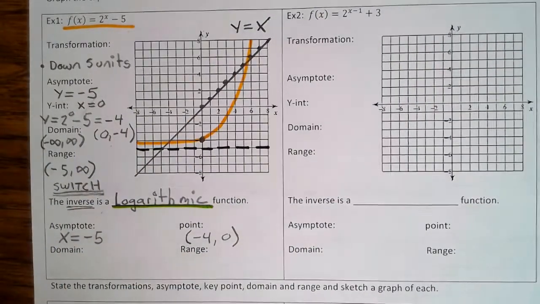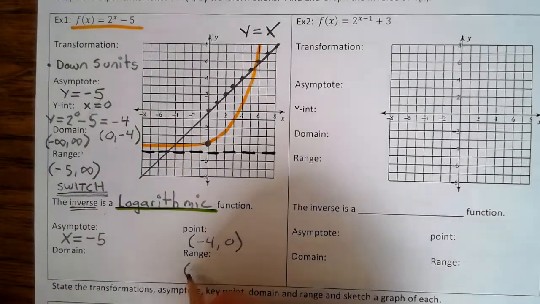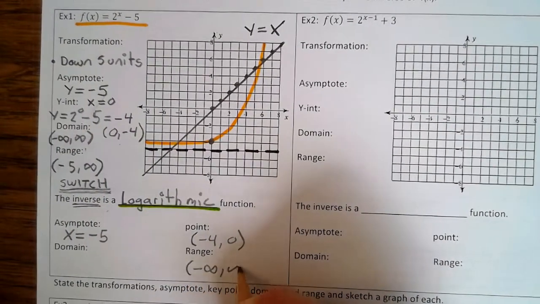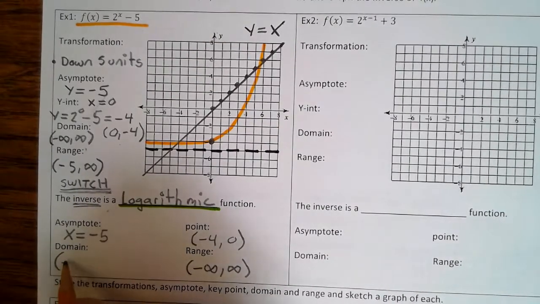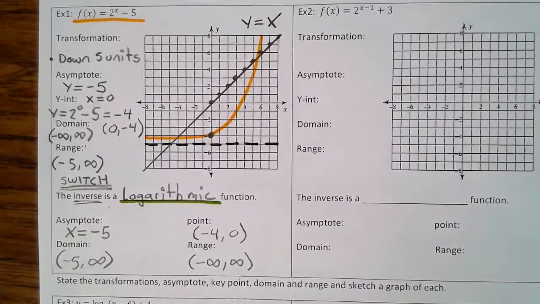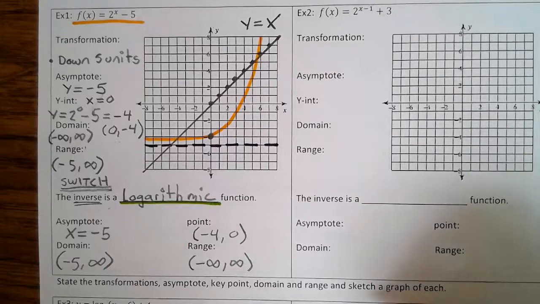Okay, so domain and range switch. So the domain was -infinity to +infinity. So now the range is -infinity to positive infinity. And then the range was -5 to infinity. Now the domain is -5 to infinity. Okay, so now we're going to graph first the x equals -5 asymptote.